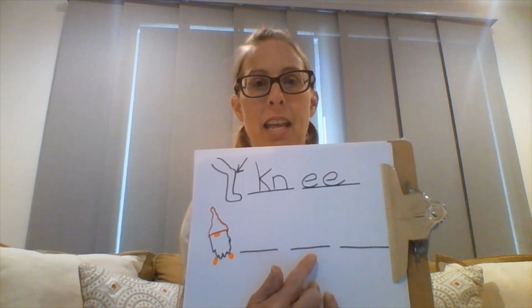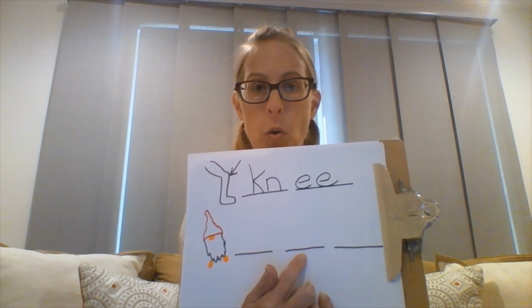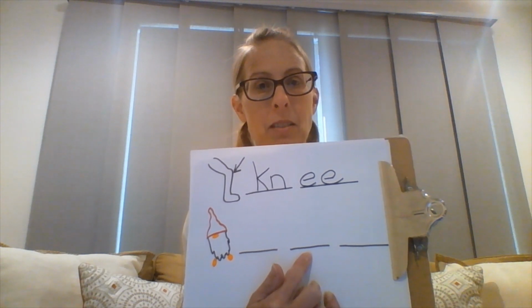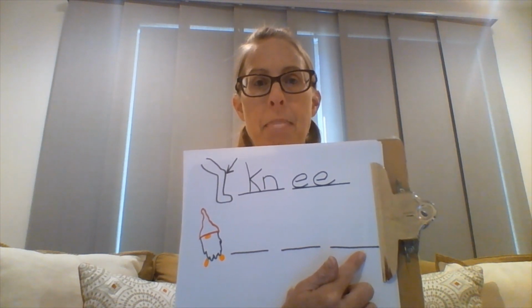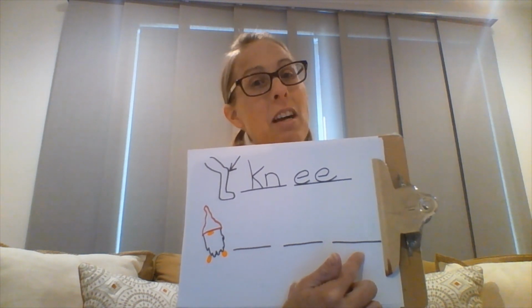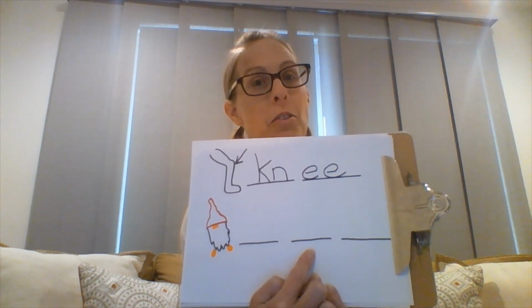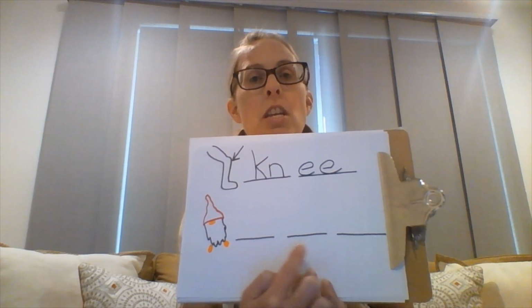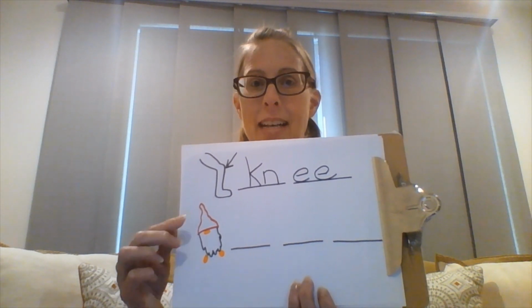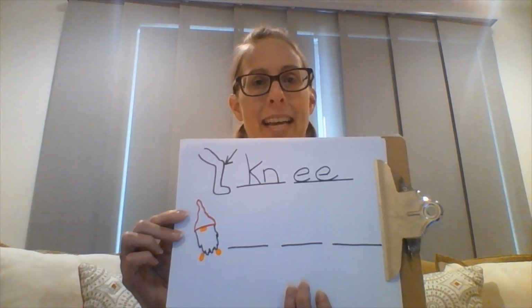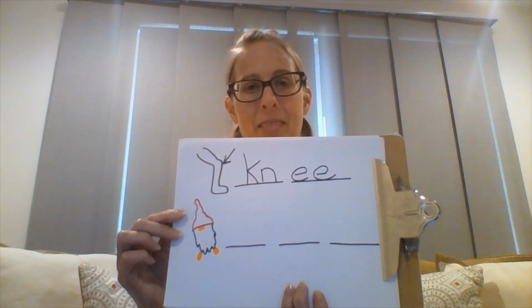And then we have the O sound in the middle and at the end. And then there is also a silent little letter right here that makes this say O. So don't forget that silent letter. Gnome. If you need to pause because you need more time to write it down, go ahead.